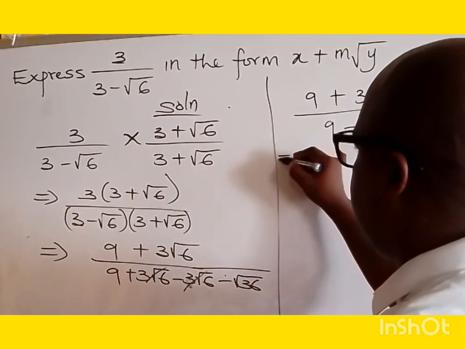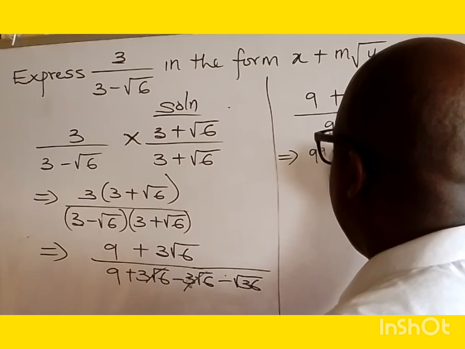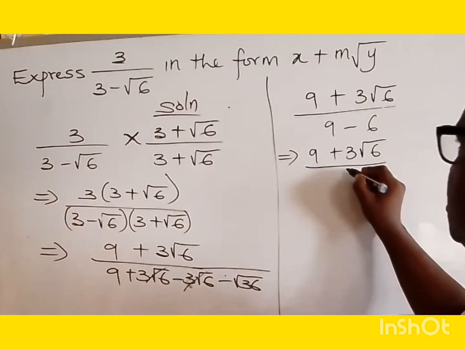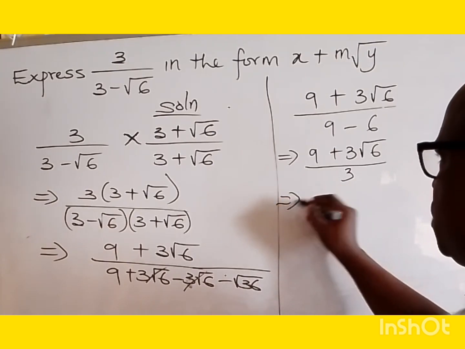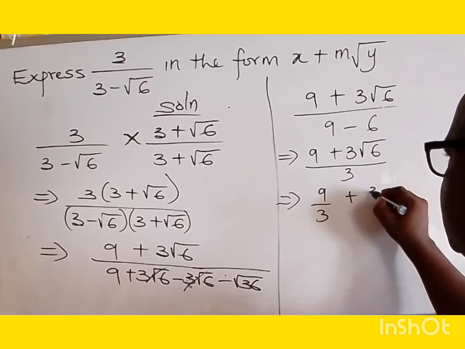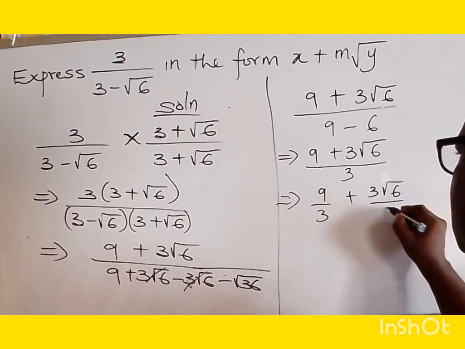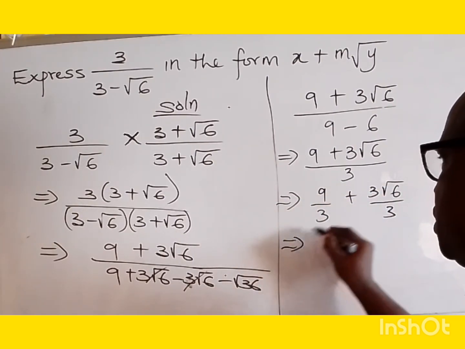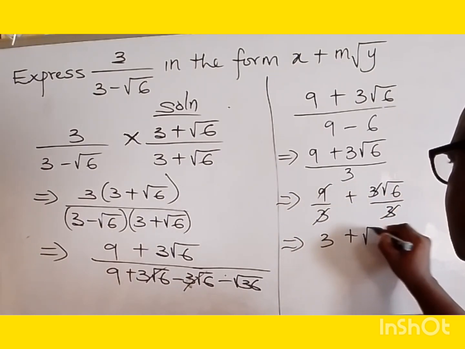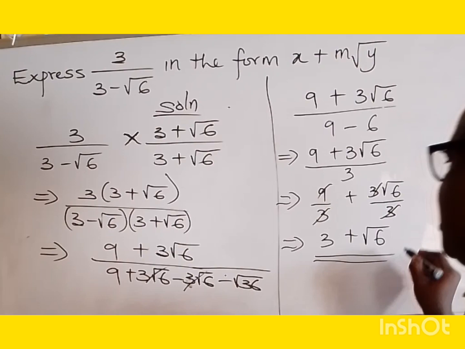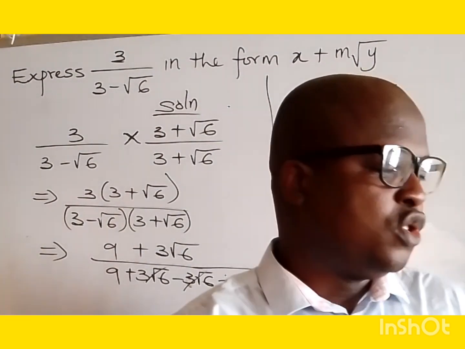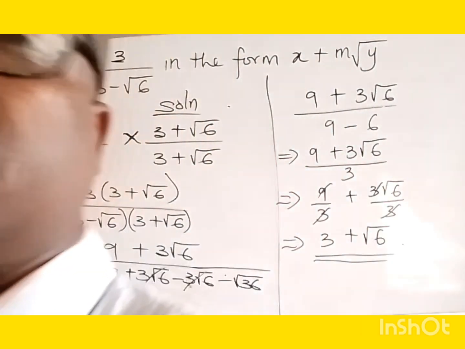So we have 9 plus 3 root 6 all over 3. If you notice, we can split this. This can be written as 9 all over 3 plus 3 root 6 all over 3. So we can now reduce: 3, and then plus root 6. This is our answer. Let's go to question 2.